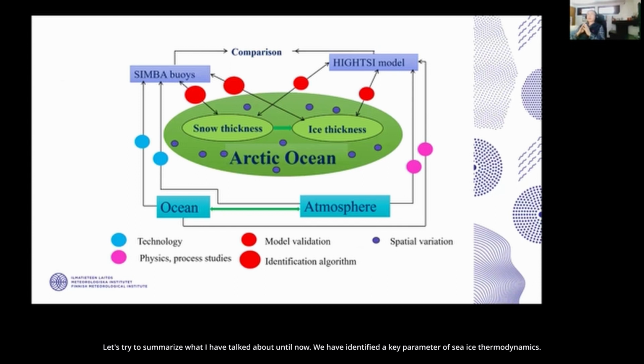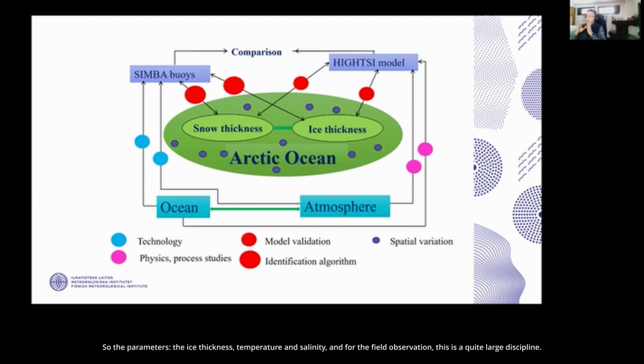Okay, so let's try to summarize what I have talked about until now. Basically, we have identified the key parameters of sea ice thermodynamics. Snow is the same thing; you have to think about it as part of the sea ice thermodynamics. The parameters are thickness, temperature, and salinity.